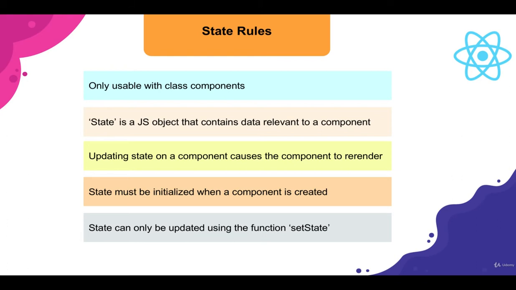Okay. Next item. Updating state, or updating properties inside this JavaScript object on a component, will cause our component to re-render. And that's going to solve one of the issues that we ran into back over there.